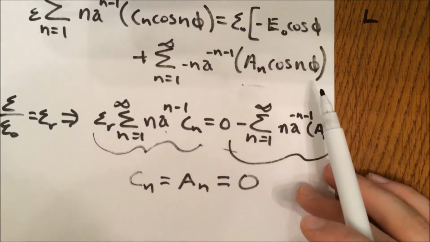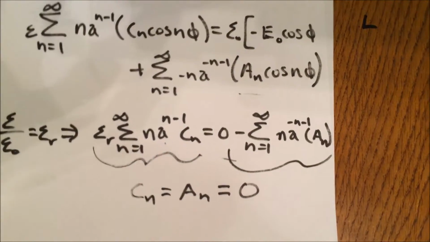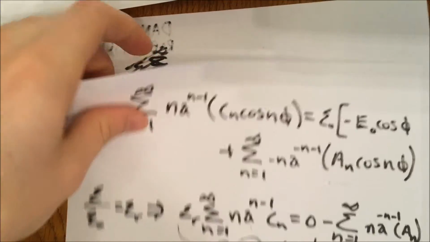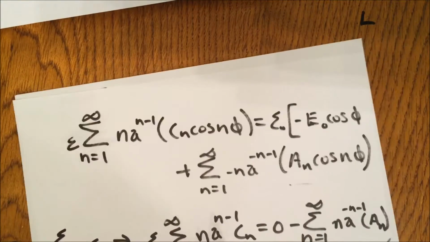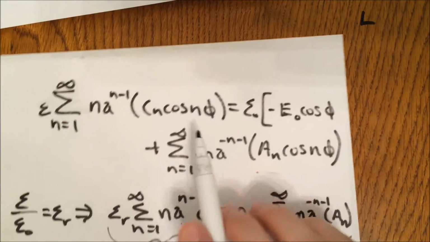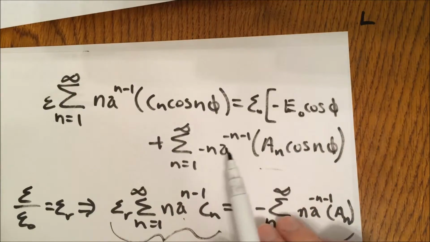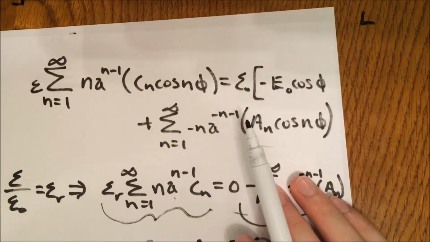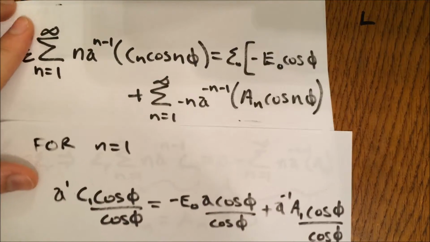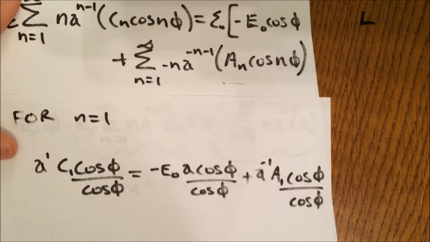So let's take a look at that special case. If n is equal to 1, we are left with cosine phi and all these terms here. It basically simplifies to that, and you should be able to work that out pretty quick.